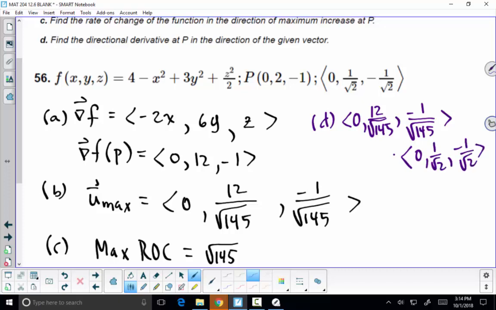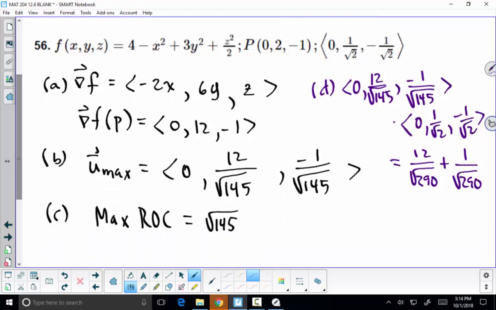So that will be the directional derivative in that direction. Multiply that together, and this is going to be 12 divided by the square root of 290 plus 1 divided by the square root of 290. So we get the square root of 290 on the bottom, and a 13 in the numerator. So that's the rate of change in the direction.